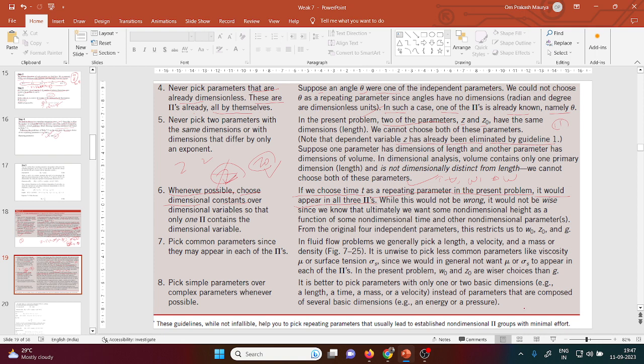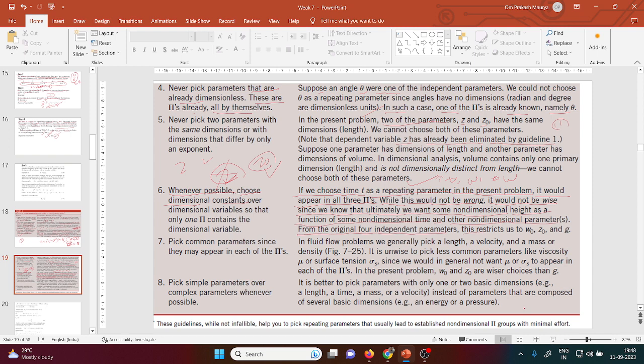While this would not be wrong, we know that ultimately we want some non-dimensional height as a function of some non-dimensional time and other non-dimensional parameters from the original four independent parameters.